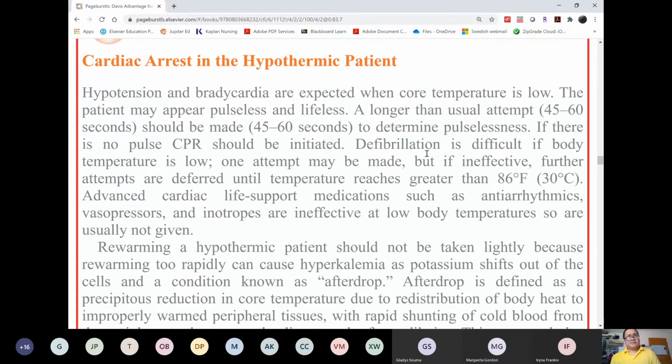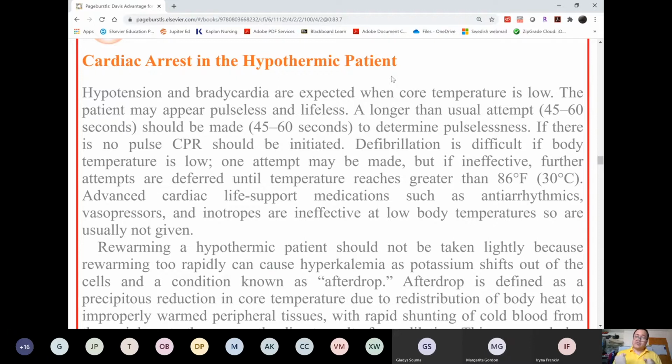Do you understand that saying? Meaning you're not dead until you're warm and dead. What does that mean? This only applies to a hypothermic patient. So here, cardiac arrest in a hypothermic patient. When you're doing CPR, but the patient is cold, they're not dead yet, because you're not really circulating warm, oxygenated blood.